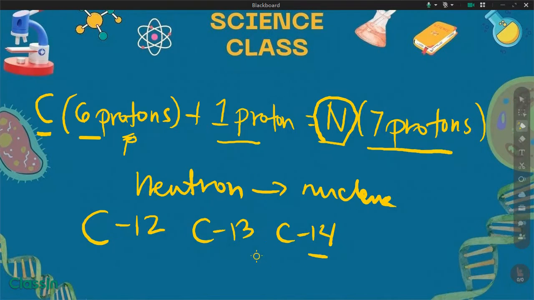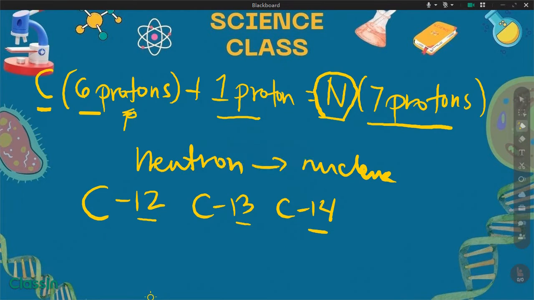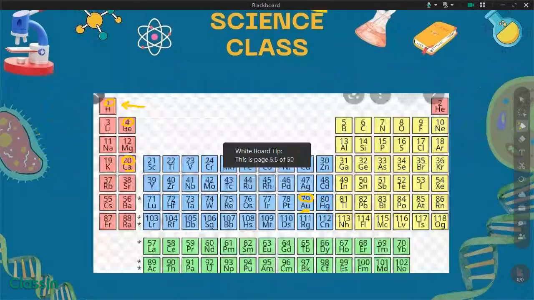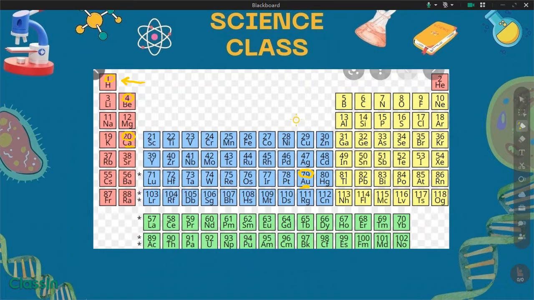So what is being changed for it to become an isotope is the neutron. And each of the elements has zillions or billions and trillions of isotopes, or varieties, of each of these elements.